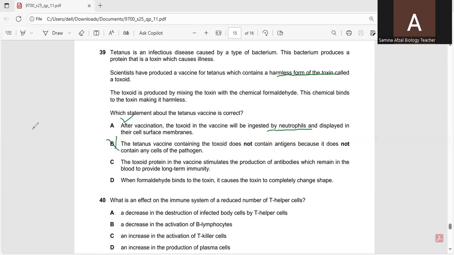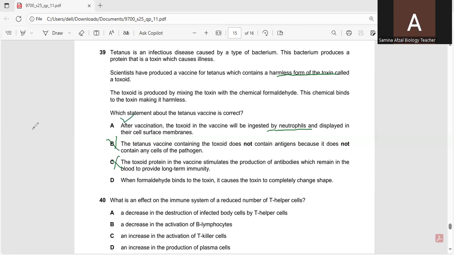correct. So the toxoid protein in the vaccine stimulates the production of antibodies which remain in the blood to provide long-term immunity. No, it will not work in this way, as I have already discussed. When formaldehyde is added to the toxin, it causes the toxin to completely change shape? It will not happen. It will alter the toxin structure.